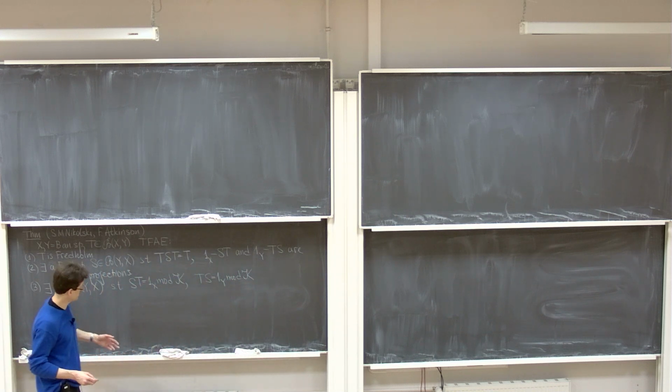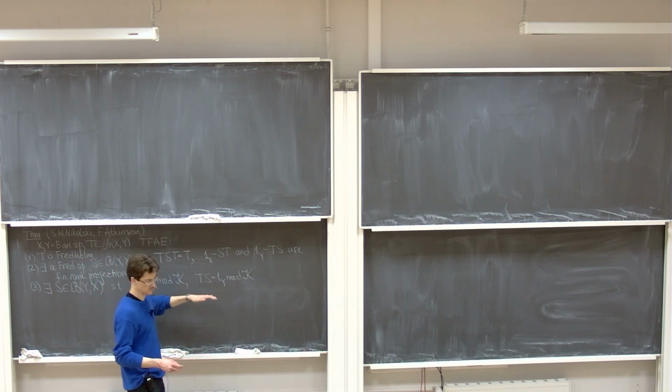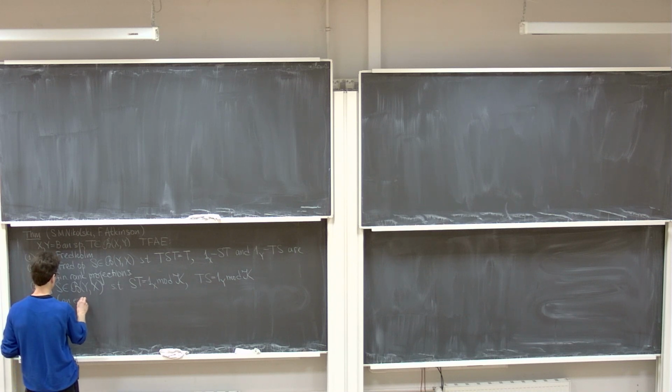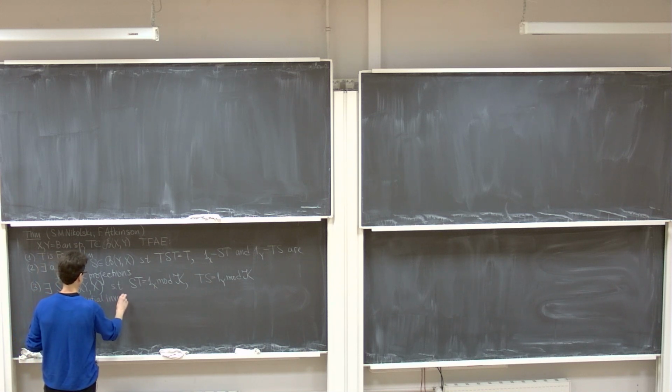In other words, the difference between ST and 1 is compact, and the difference between TS and 1 is also compact. And such an operator S is called an essential inverse of T.